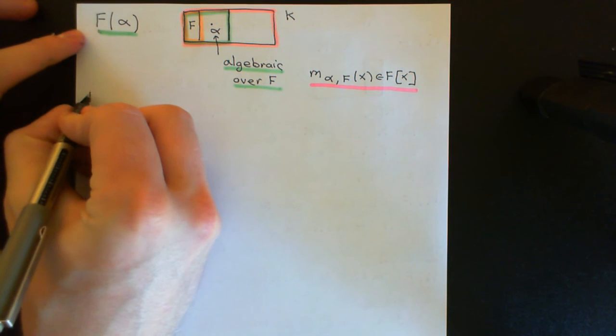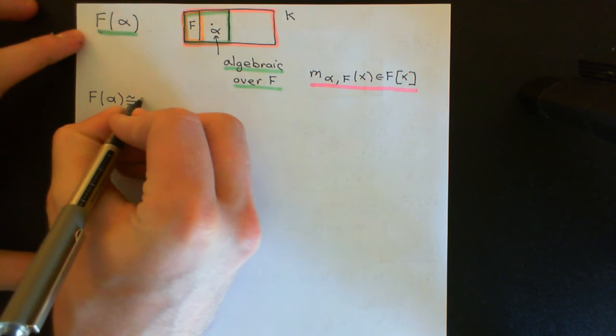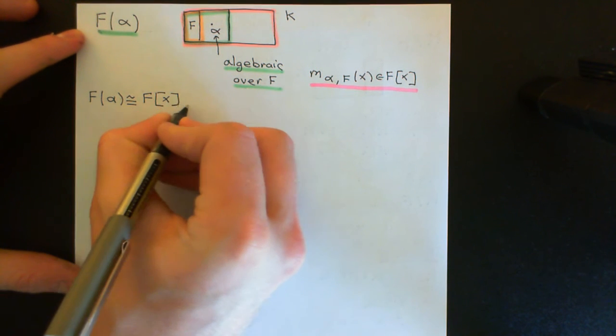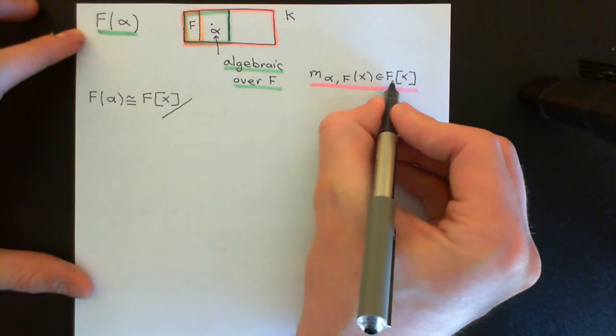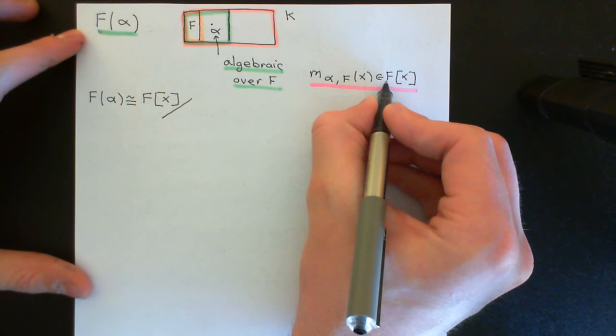We know that the field generated by alpha over F is going to be isomorphic to the ring of polynomials over the field F, quotiented out by a polynomial which is irreducible in the ring of polynomials over the field F, and which has alpha as a root.